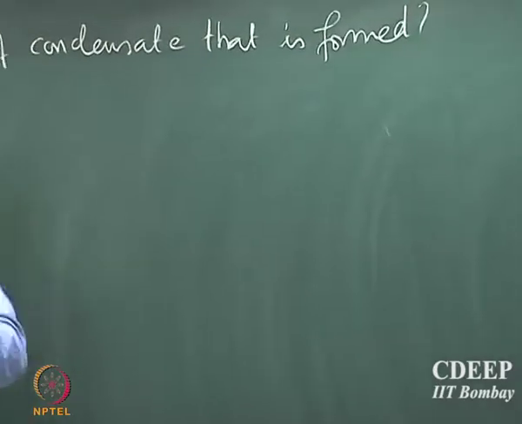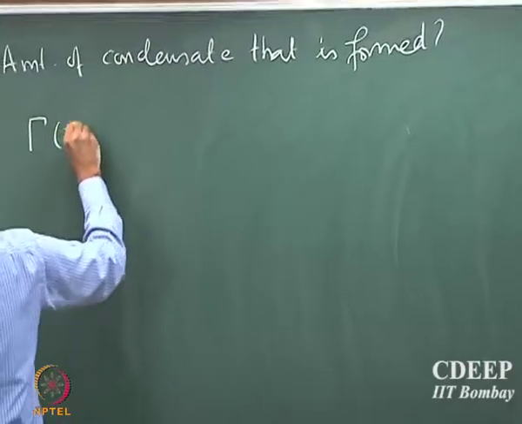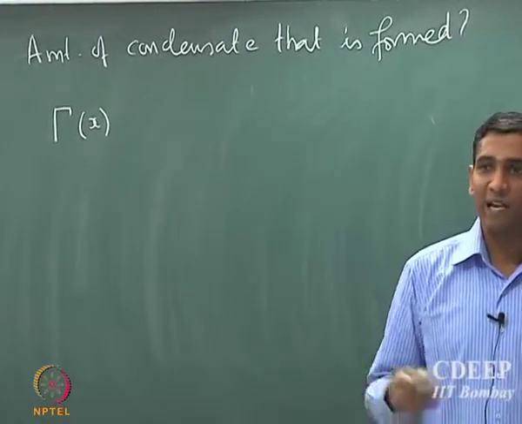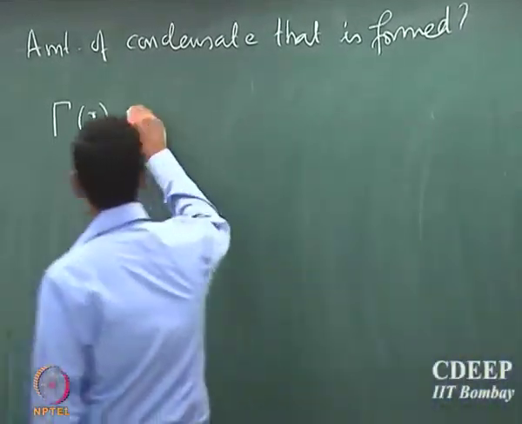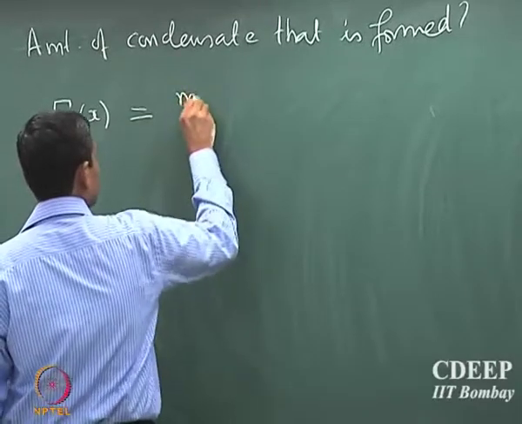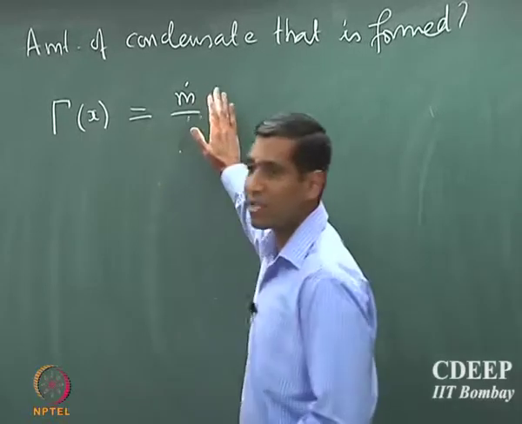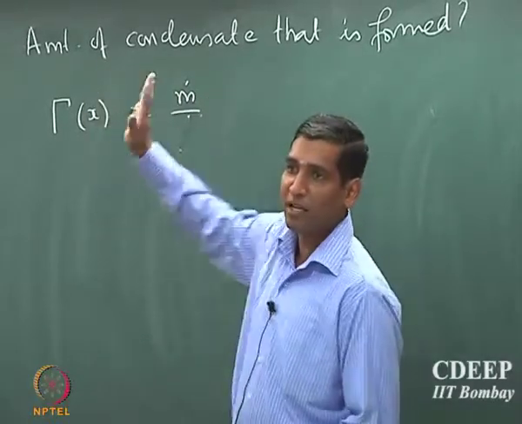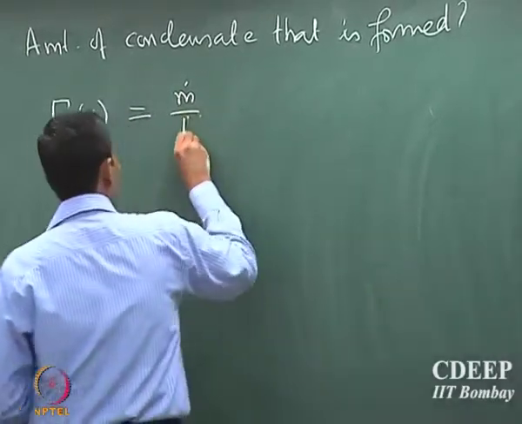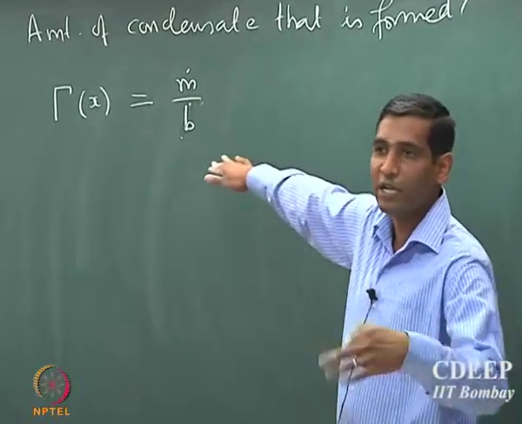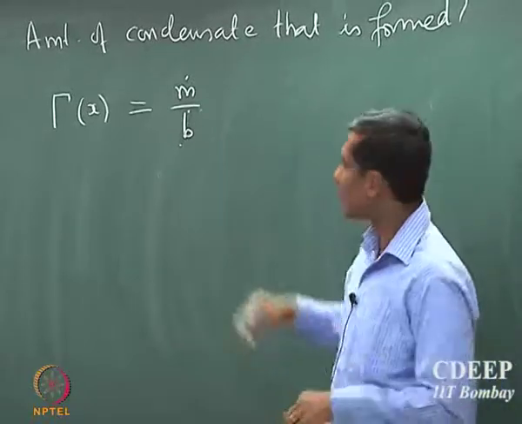Now, supposing I call gamma x the amount of condensate at any location, that is given by m dot by B. Suppose B is the length of the plate on the other side. I am using B to be consistent with the notation used in your text.